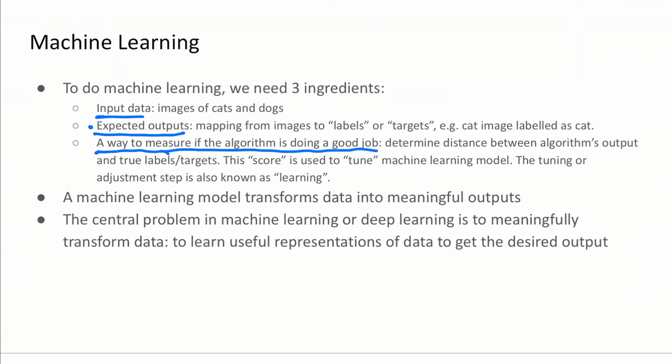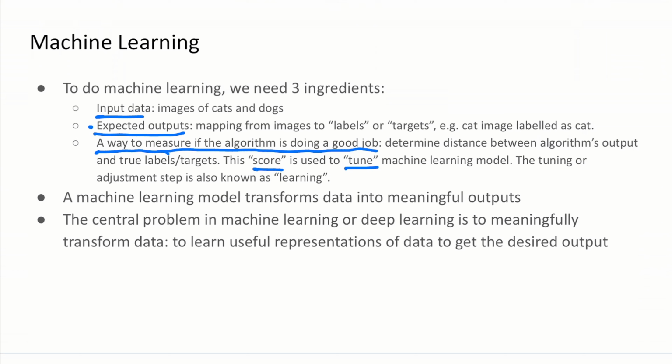So how far are your predictions from the expected output? And the score that is returned is used to tune the machine learning model. Now what these things mean, don't worry about it, we will learn them in the near future.